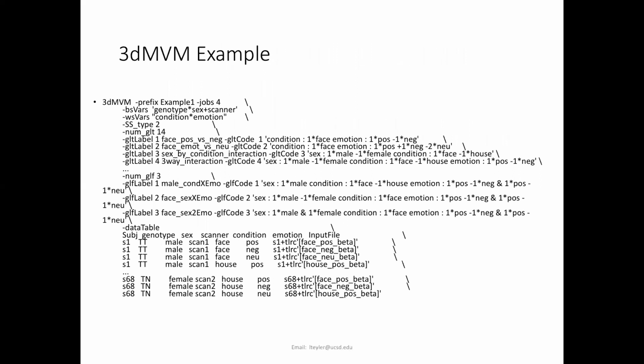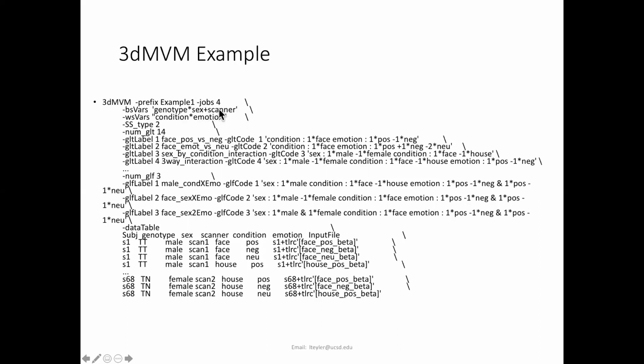So here's an example for 3dMVM. I'm going to hit some highlights, not walk through the whole thing. Basically, this is the output prefix. I think 4 jobs has to do with running things in parallel. And then these are the between-subject variables. In this example, there was genotype and sex.